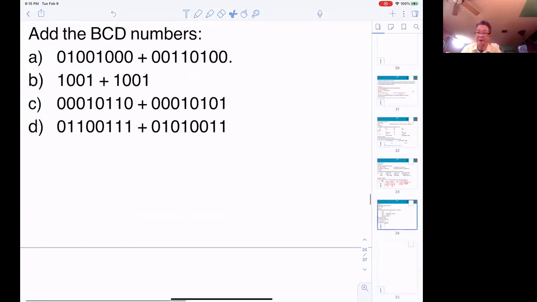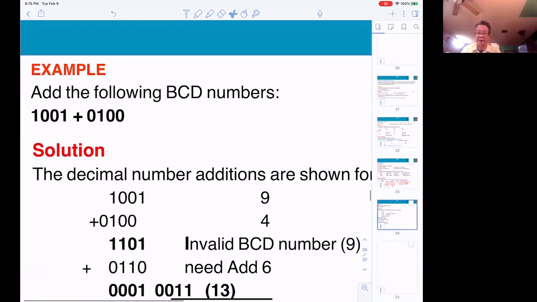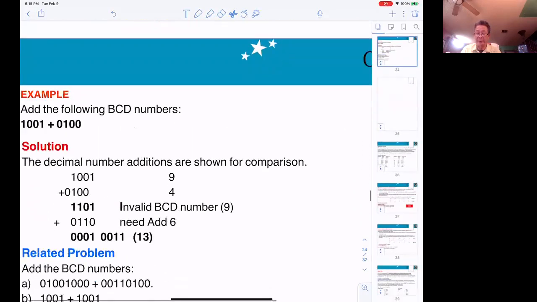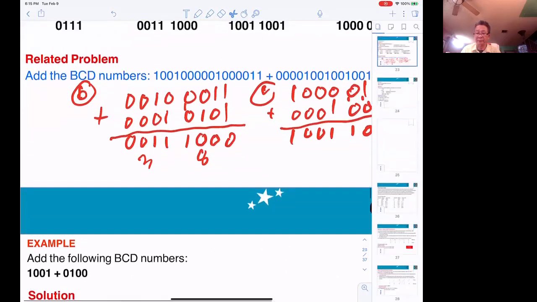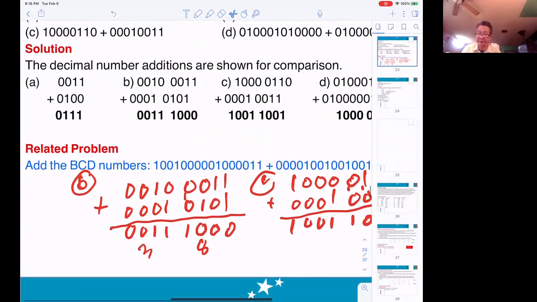Okay, I'm going back to this one. Okay, let's see. That one.